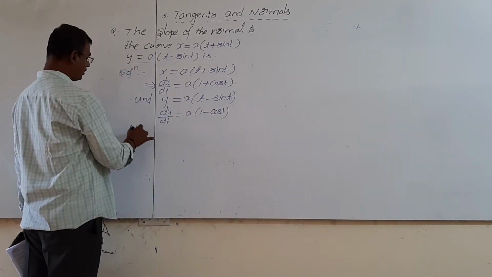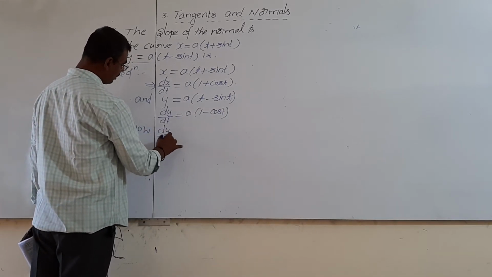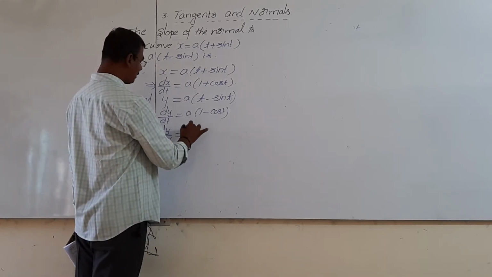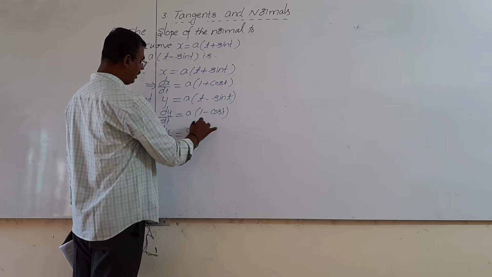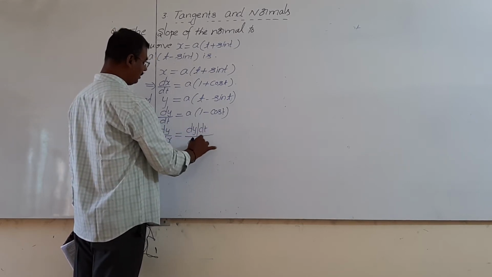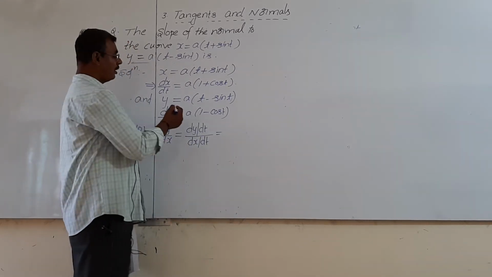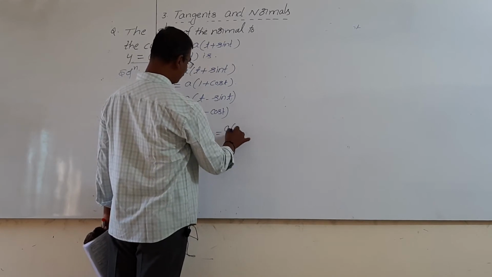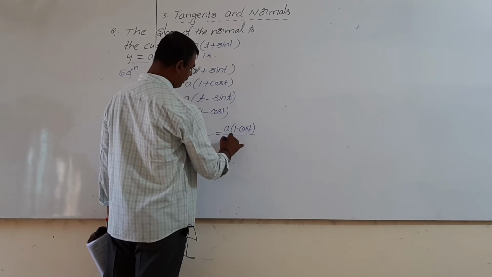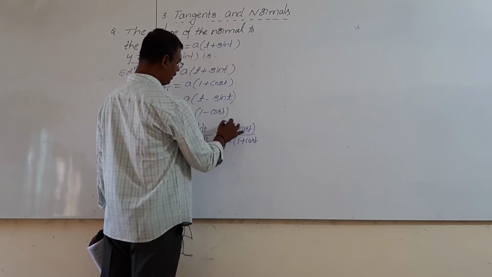Now calculate dy by dx in terms of t. I write dy by dt upon dx by dt. It will be a bracket of 1 minus cos t divided by a bracket of 1 plus cos t. The a gets cancelled.